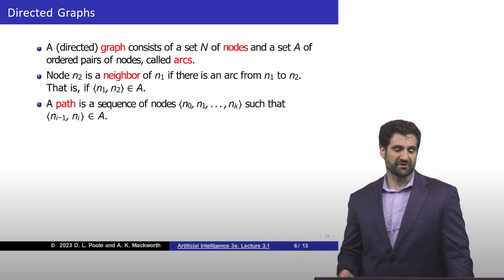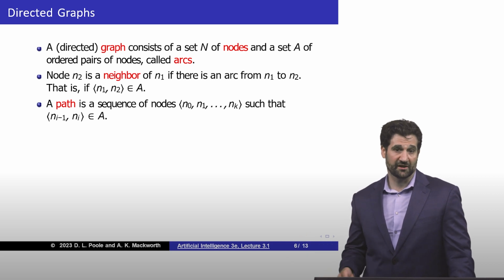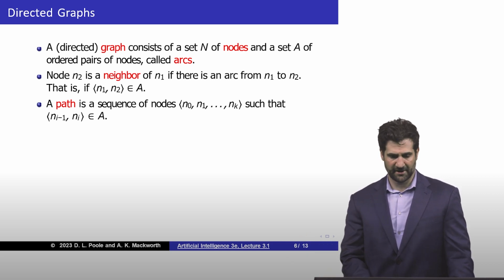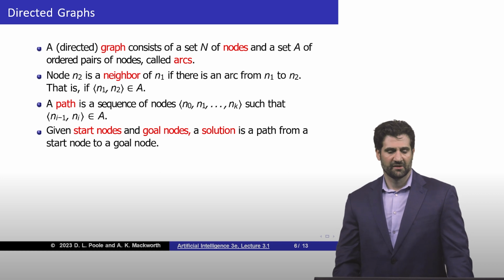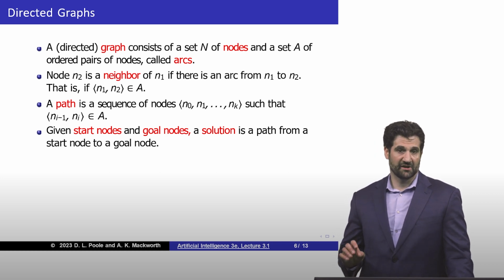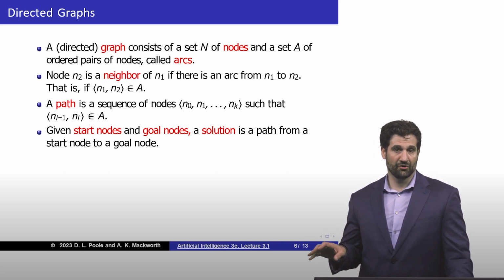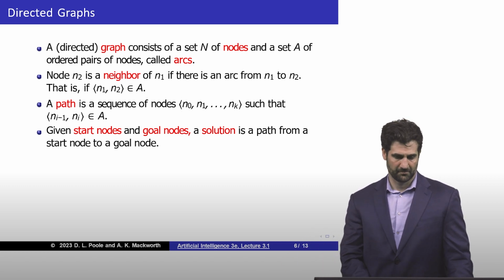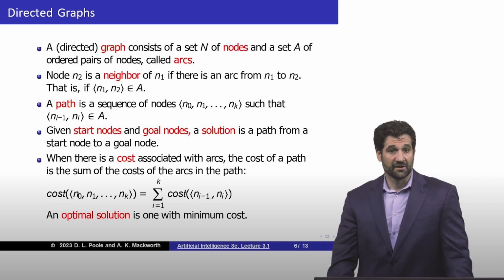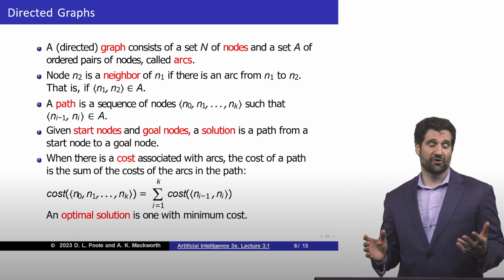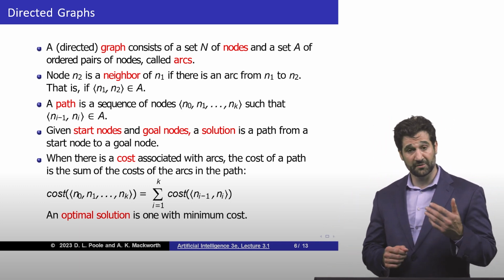And a path is just a sequence of these nodes such that there is an arc between every pair. And given the start nodes and the goal nodes, a solution is a path from a start node to a goal node. And then we can define this notion of cost associated with the arcs, and that would be part of the input.